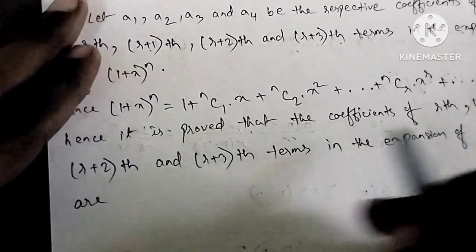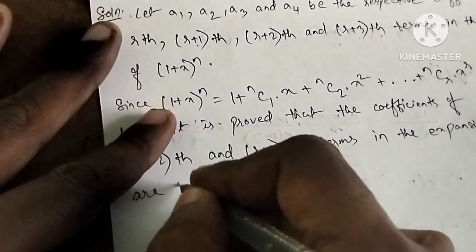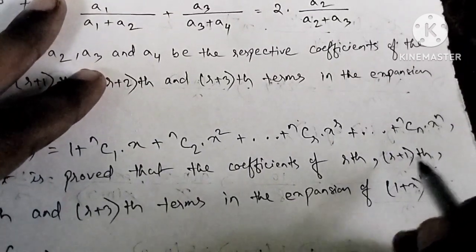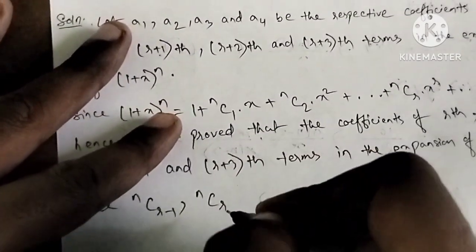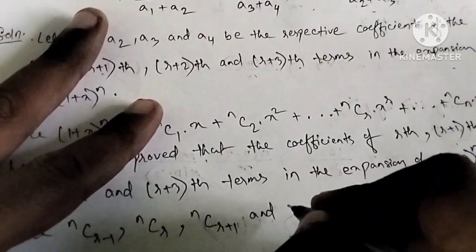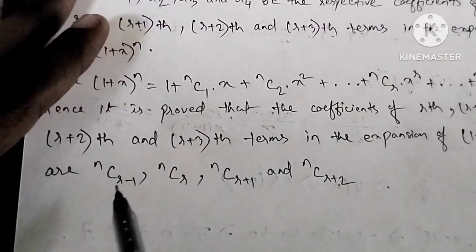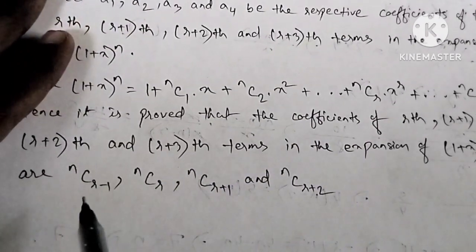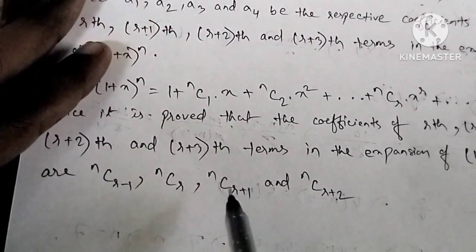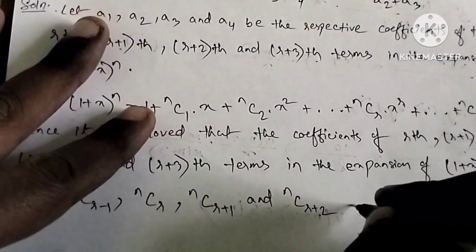So the coefficient of the rth term is nC(r-1), the coefficient of the (r+1)th term is nC r, the coefficient of the (r+2)th term is nC(r+1), and of the (r+3)th term is nC(r+2). Clear? Respectively.